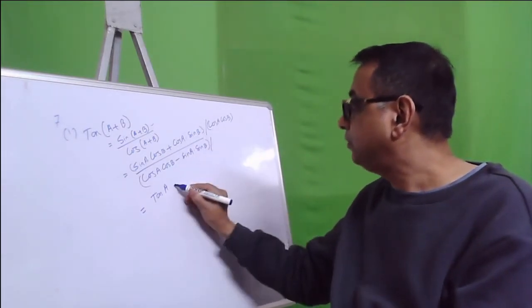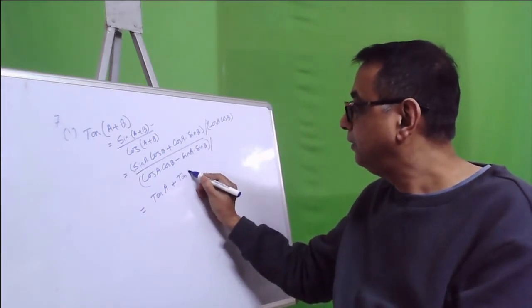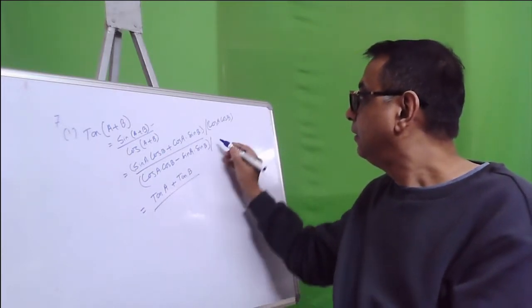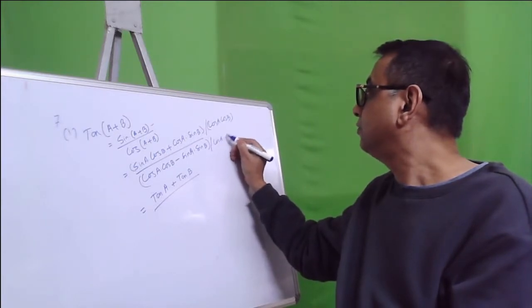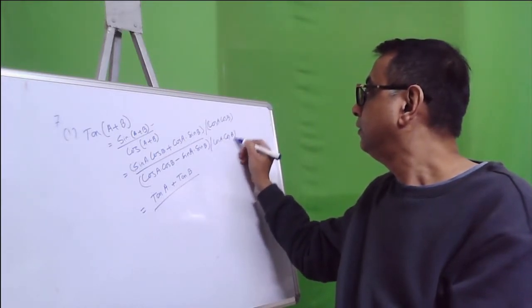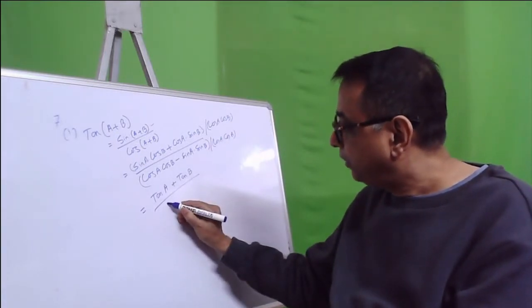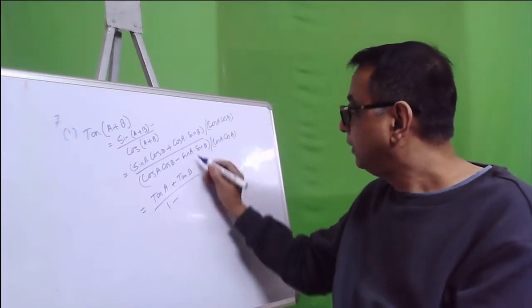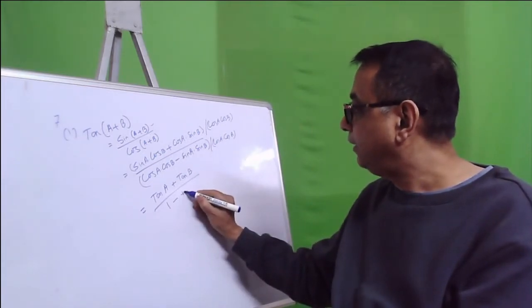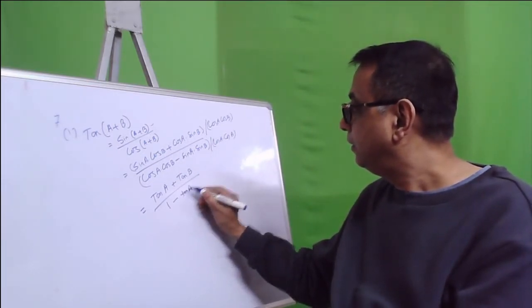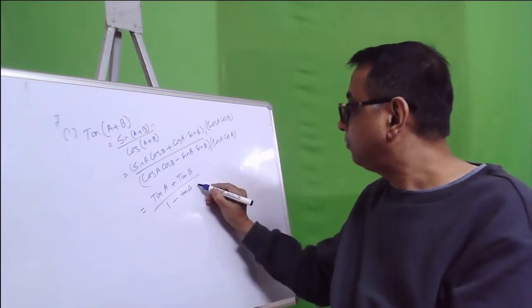Sin b by cos b will be tan of b. So this is cos a cos b. So here cos a cos b divided by cos a cos b will become 1 minus sin a by cos a, which will be tan a, and sin b by cos b will be tan b.